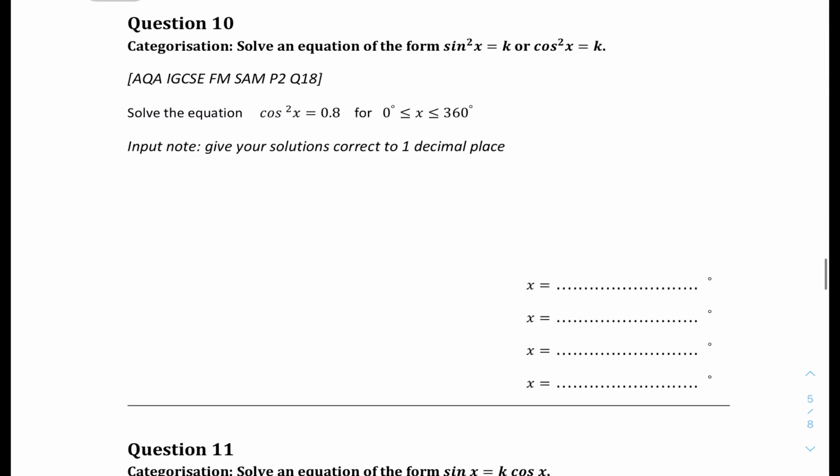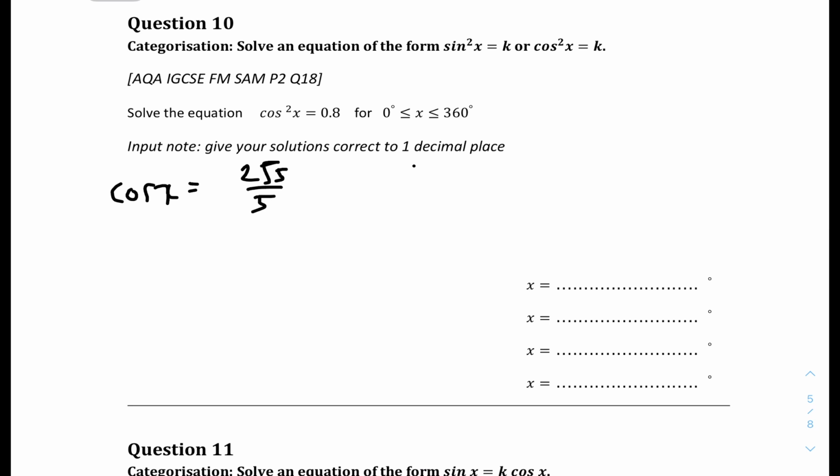Then question 10. Solve the equation cos squared x equals 0.8 and give your answers to one decimal place. So we first have to square root both sides to get cos x equals the square root of 0.8, which is 2 root 5 over 5.